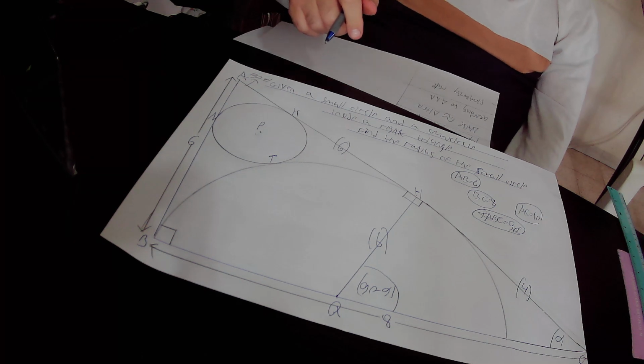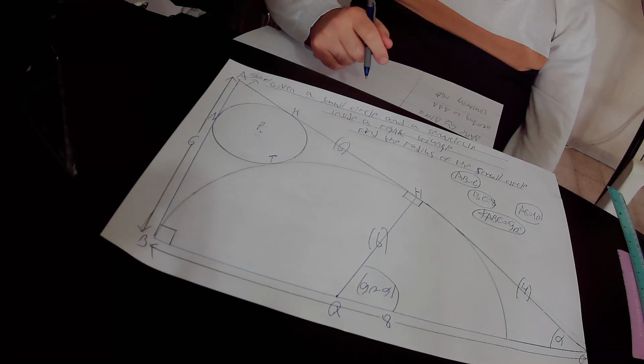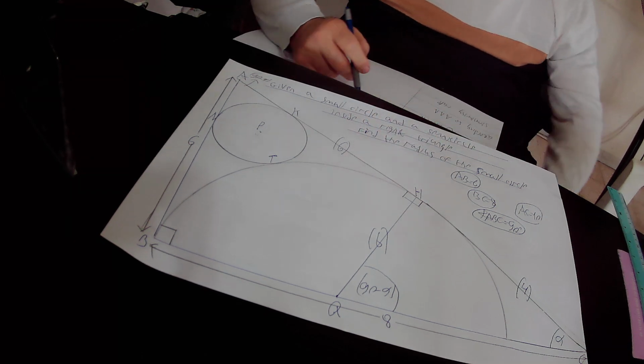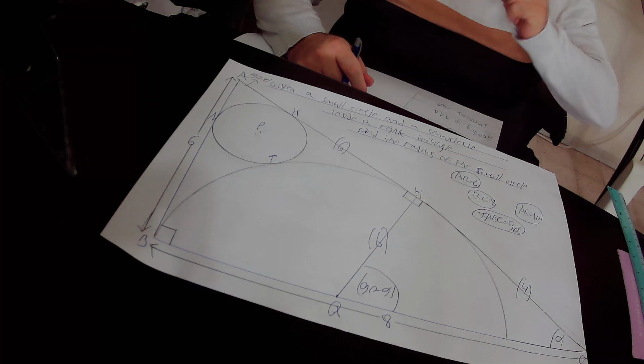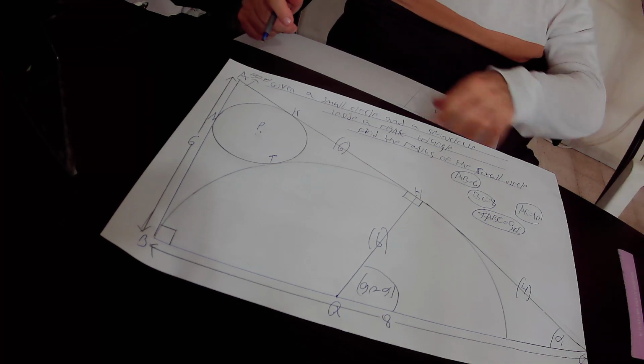And from the fact that the right big triangle ABC is similar to the right small triangle HCQ, we will derive that the following relationship exists between their sides.